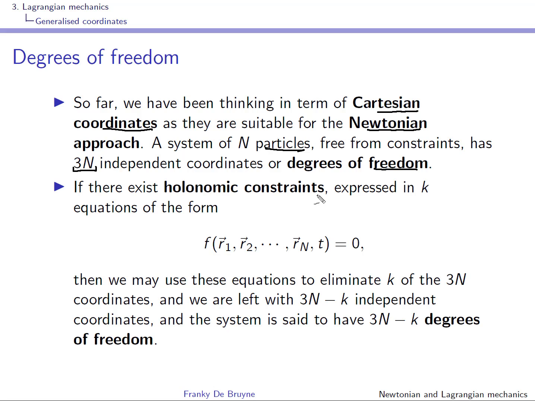Of course, if you start to introduce constraints, and suppose we have k constraints of this holonomic type that link the variables, then instead of having 3n independent degrees of freedom, you have 3n minus k degrees of freedom, right? And for some systems, the degrees of freedom that are left are not so easy to determine. So this is what we'll see in the next slide.